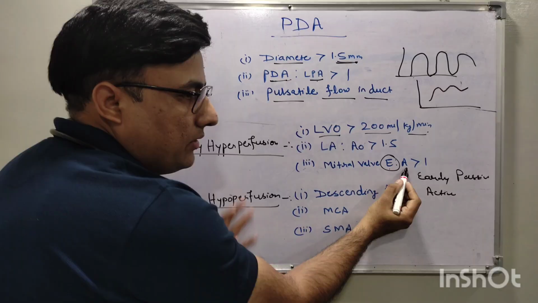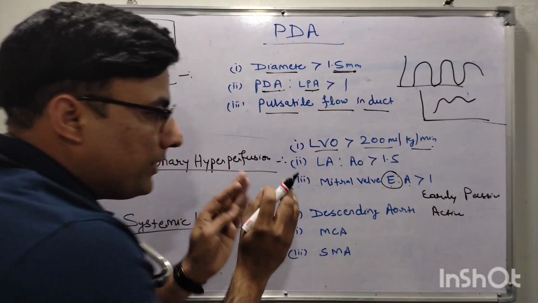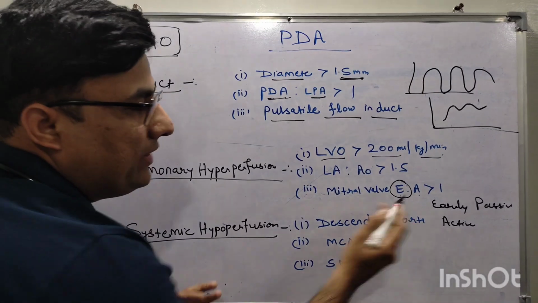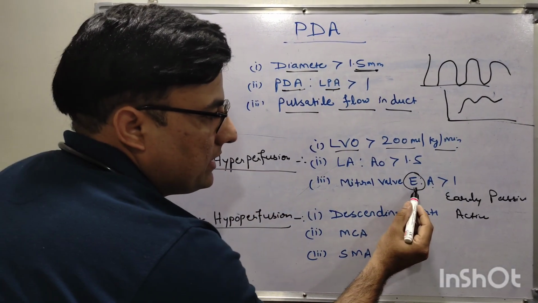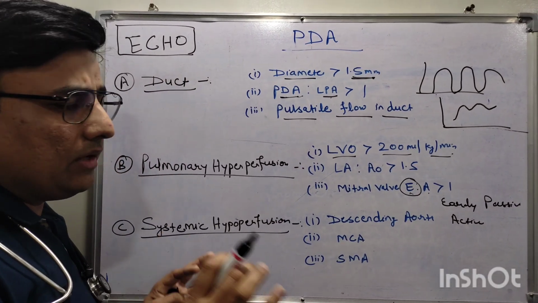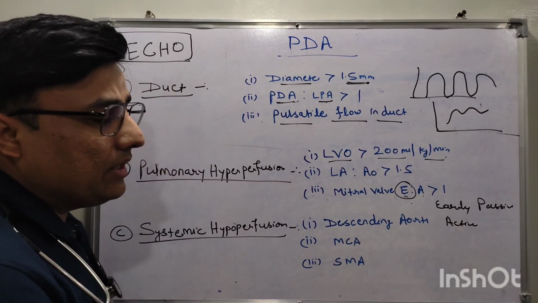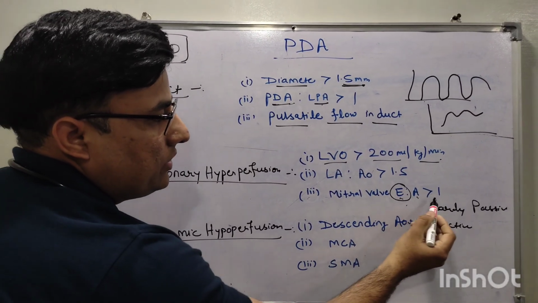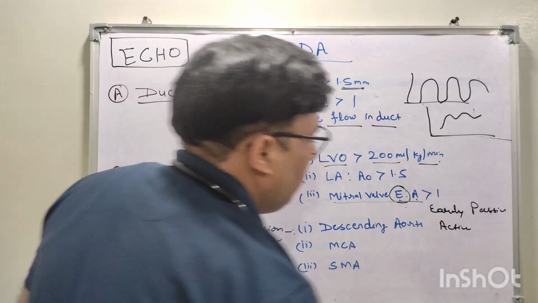In the second phase, filling happens with active atrial contraction. Because in PDA the left atrium is enlarged, the pressure in the left atrium increases. That's why the early passive phase will increase in PDA. So in hemodynamically significant PDA, the early passive phase of ventricular filling will increase and the E/A ratio will be more than 1. So this is the HSPDA.